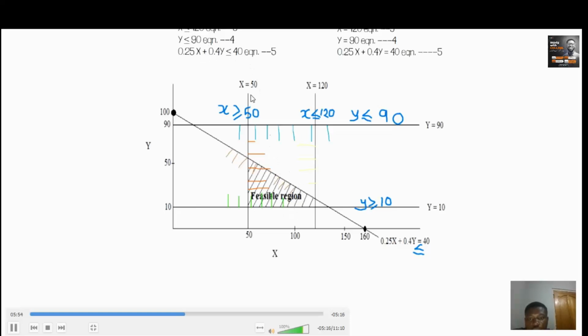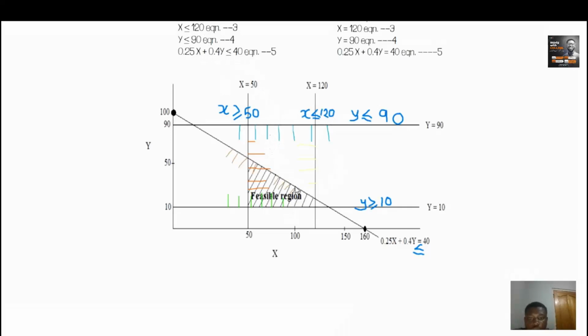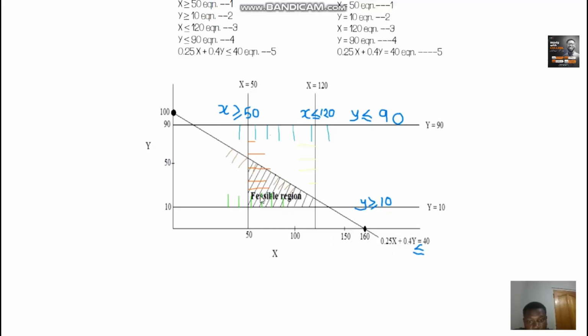So if you follow the inequality signs, you will be able to know your feasible region.